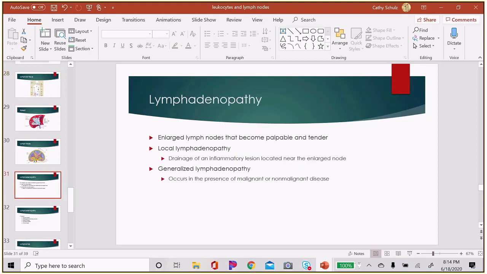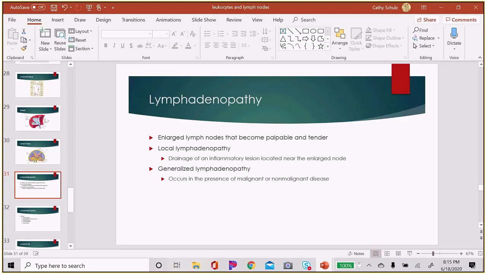So they can be locally near an area of infection, as they're taking in the drainage from the inflammatory process, and can become enlarged, or if a macrophage has presented infected antigen to a T helper cell, that increase in production of lymphocytes can occur in the nearest lymph node.